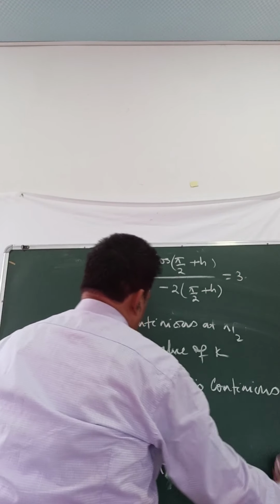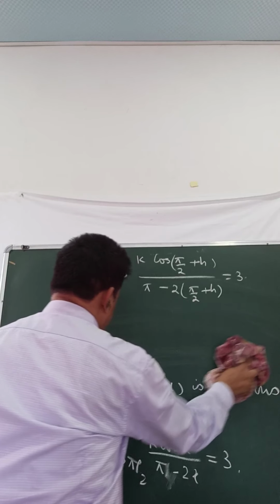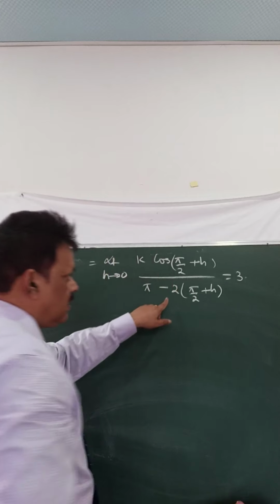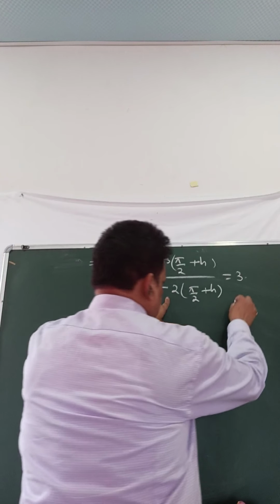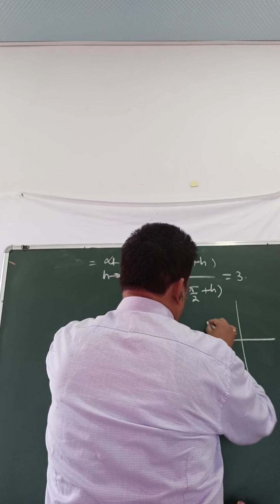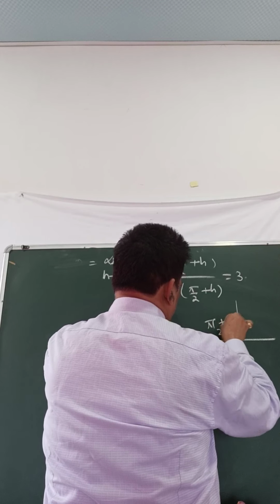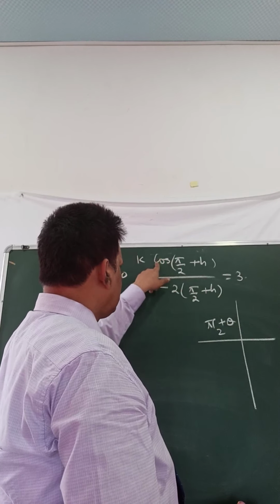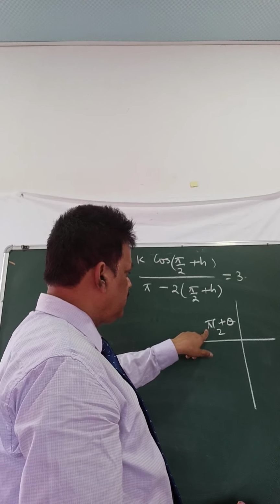Now look at here. See the quadrant. This is your pi by 2 plus theta. All sin tan cos: that means cos is negative here because sin is positive.